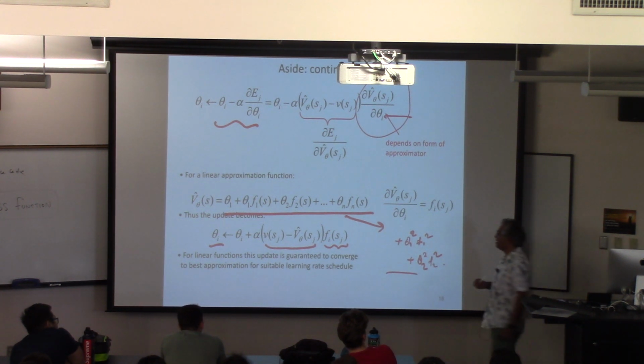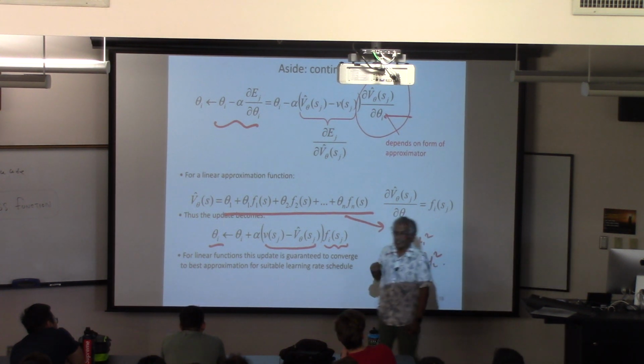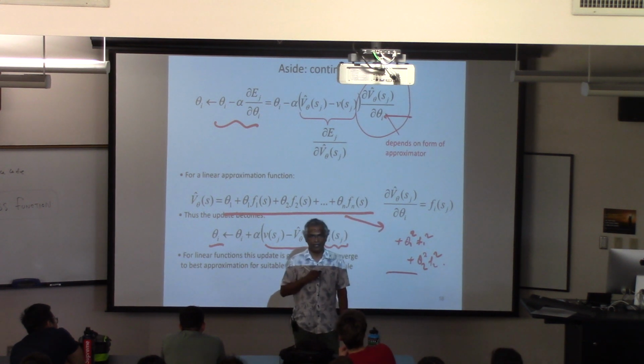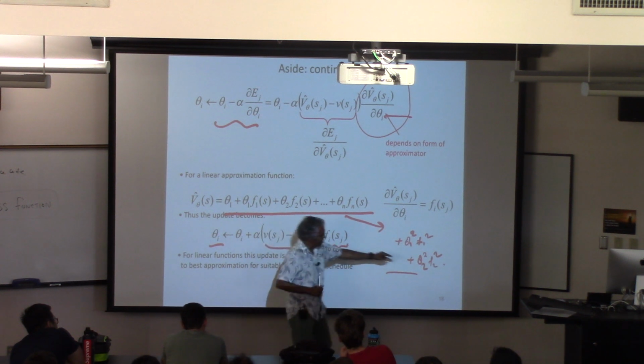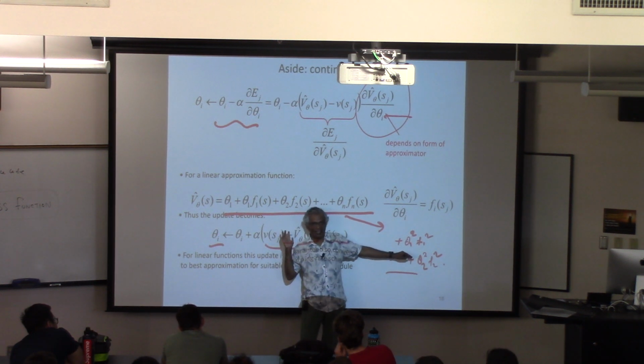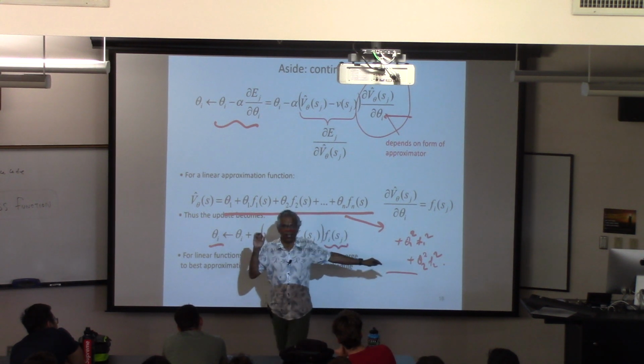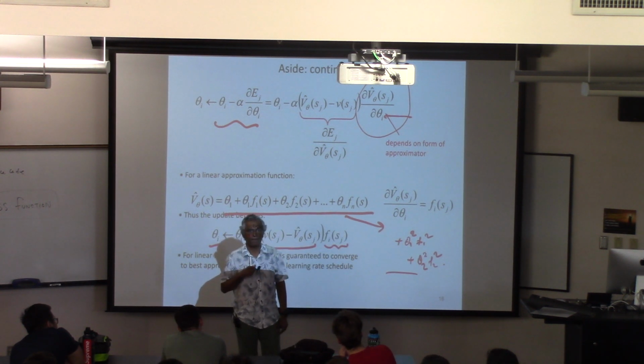I'm now considering not just the feature values, but the squares of the feature values in defining the value function. The question is, if you take a differential of this, will it have the same nice property that we had before? How many people think it won't have the same nice property as before? How many think it will?